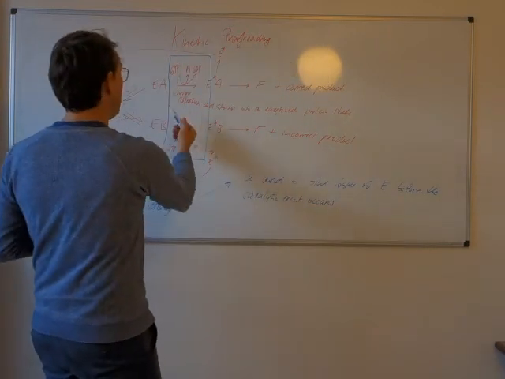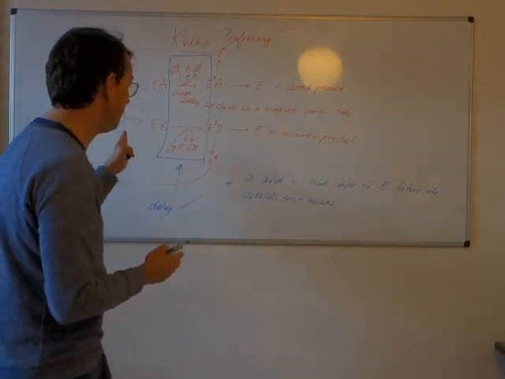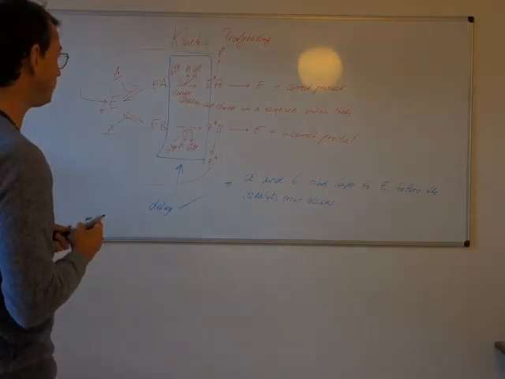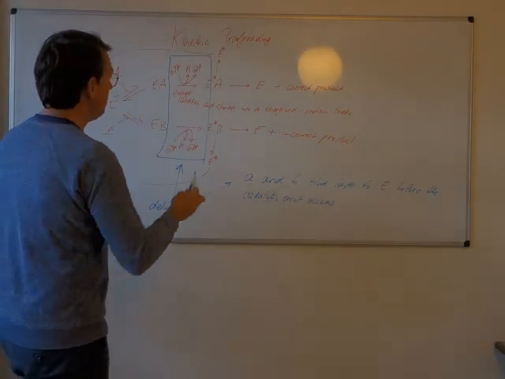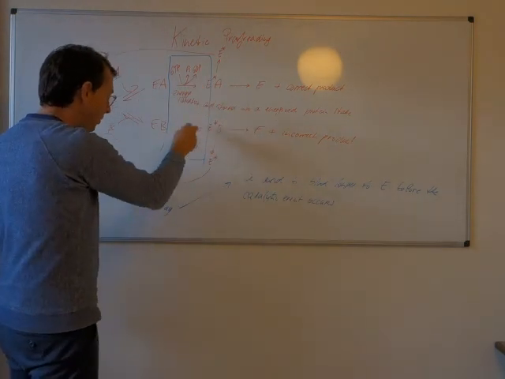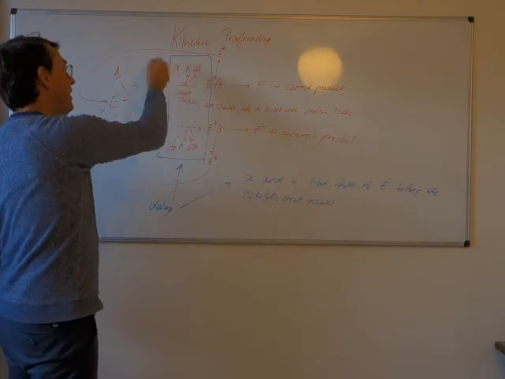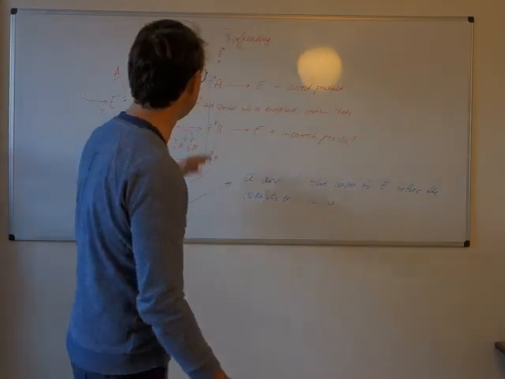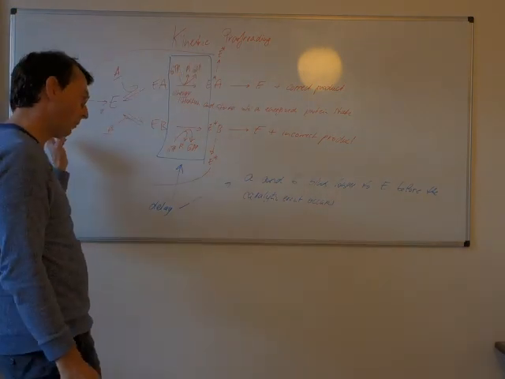Okay, so they need to bind to E for a longer time before the correct product is formed. Now, that means that during this extra time, B can fall off, and A can fall off. So the effect of the delay is also, of course, that more A and B have fallen off.